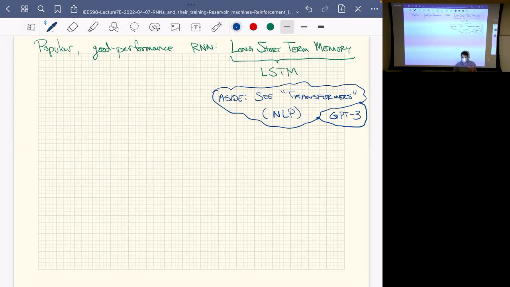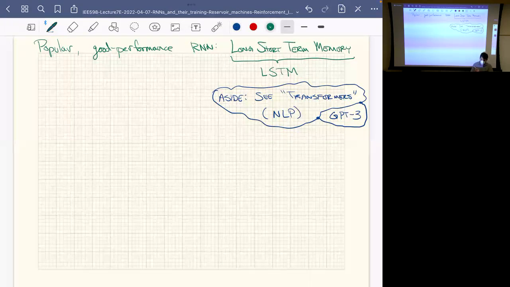So if you really want to be on the bleeding edge of this stuff, then I recommend you look up information about these so-called transformers and how they work, which are sort of simpler structures, but they're trained on massive amounts of data, which makes them so amazing at what they do. But I'm not going to talk a lot about that. I just want to make sure it gets a little bit of airtime.